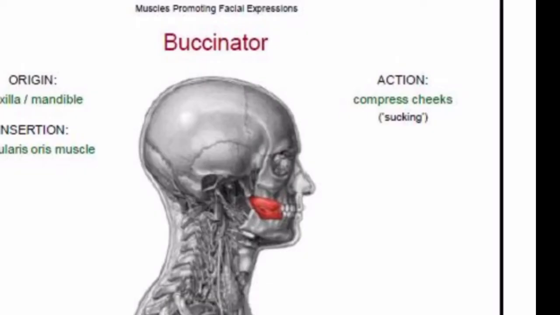The next is the buccinator muscle here, and the action is to compress your cheeks and lips. Next is the platysma muscle here until here, and the action is to tense the skin of the neck and to depress the mandible.